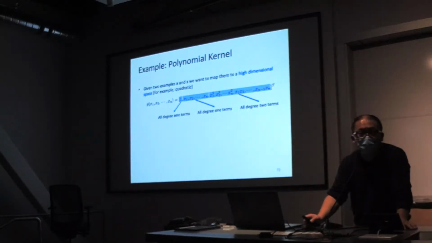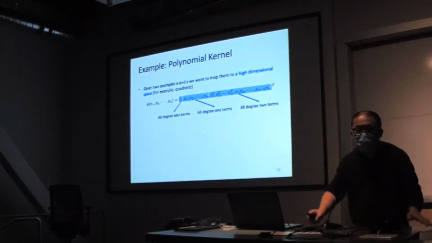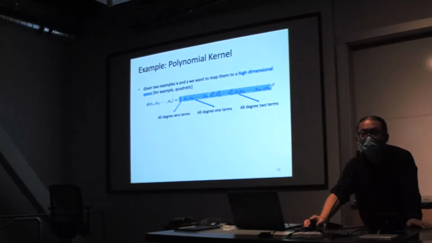So how many degree 2 terms do we have? n squared. If you want to deduplicate, it will be less than n squared, but it's still proportional to n squared. So after feature mapping, your n-dimensional input becomes proportional to n squared dimensions.